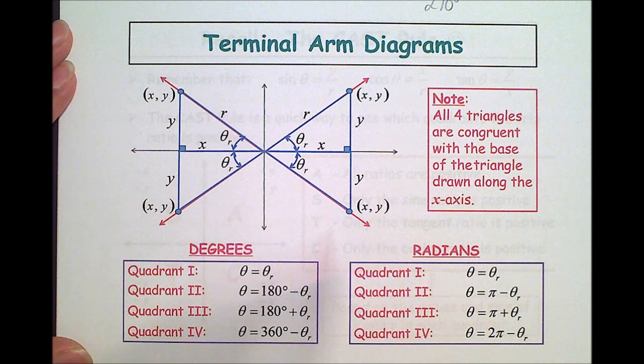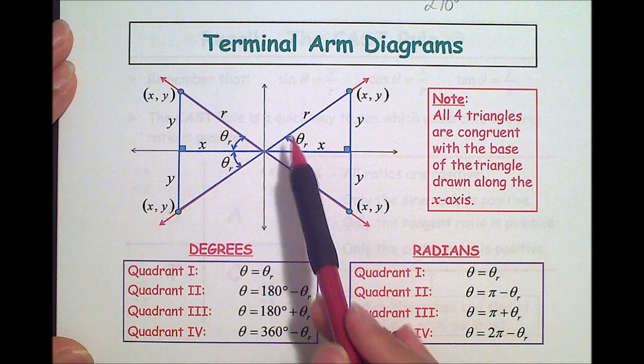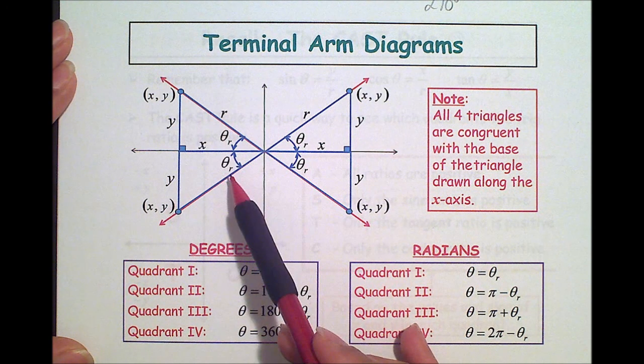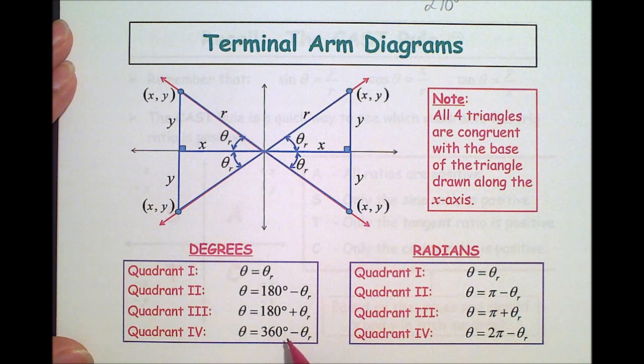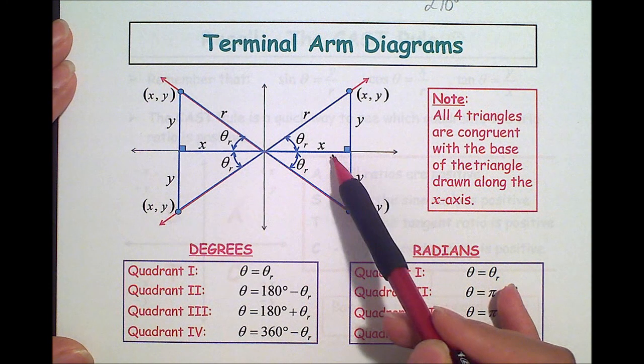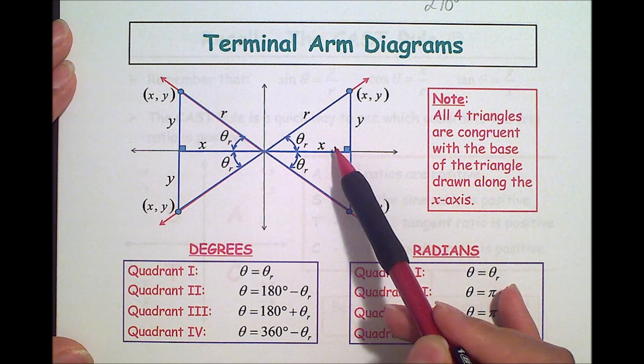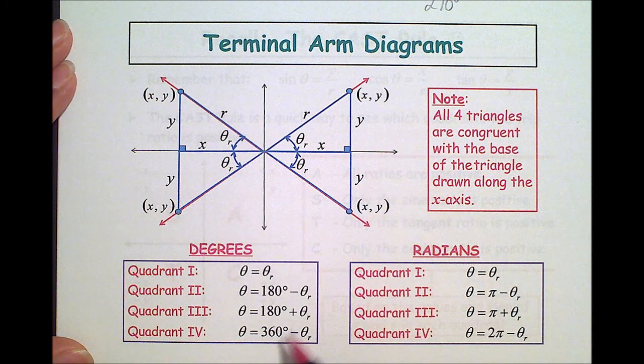The methodology was: in quadrant 1, whatever the angle is, that's your related acute angle. In quadrant 2, you would do 180 minus that value. In quadrant 3, because it's more than 180 degrees, you would add the related angle. And in quadrant 4, because it's just under 360 degrees, you would subtract the related angle from 360. You can see that here.